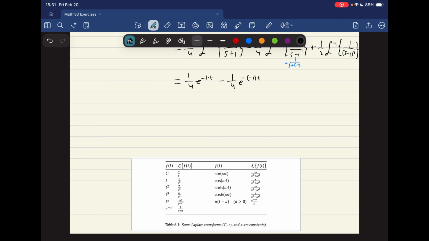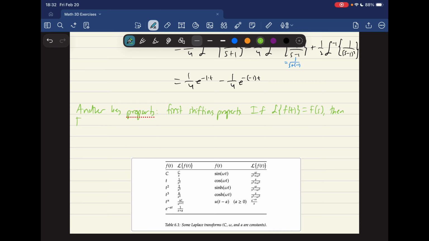And this is where another key property of the Laplace transform is going to be useful for us, which is called, and I'm going to quote our notes, the first shifting property. So suppose we know that the Laplace transform of a function, little f of t, is capital F of s.